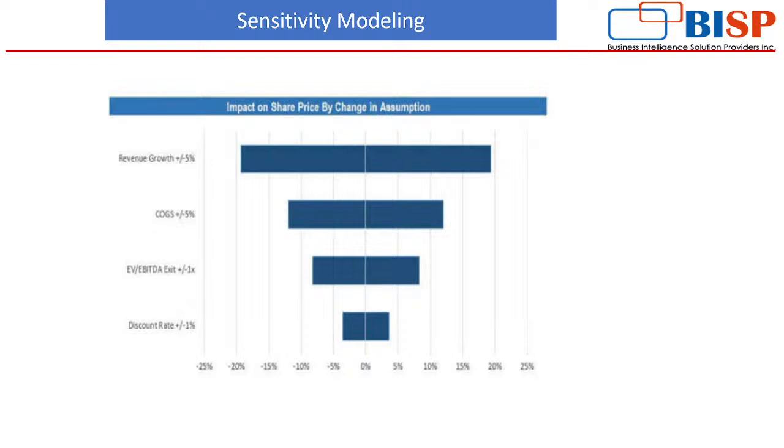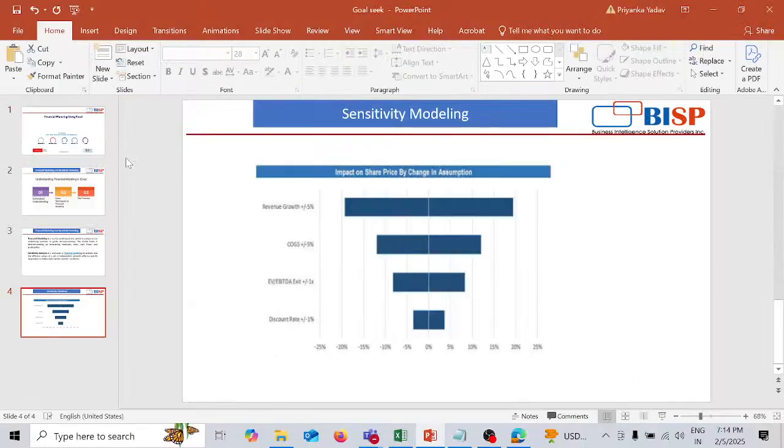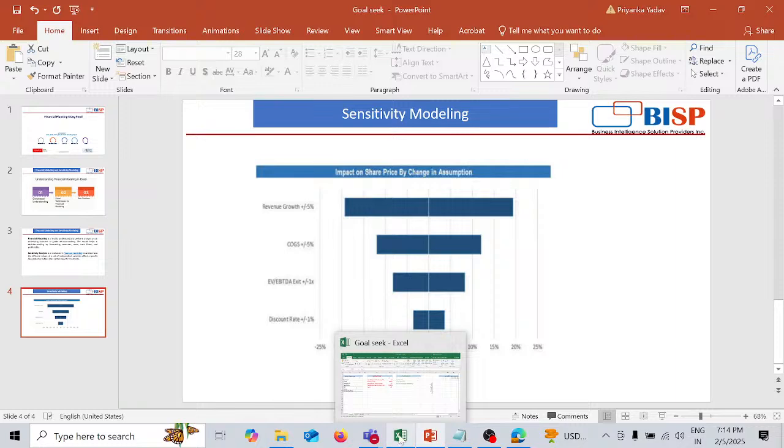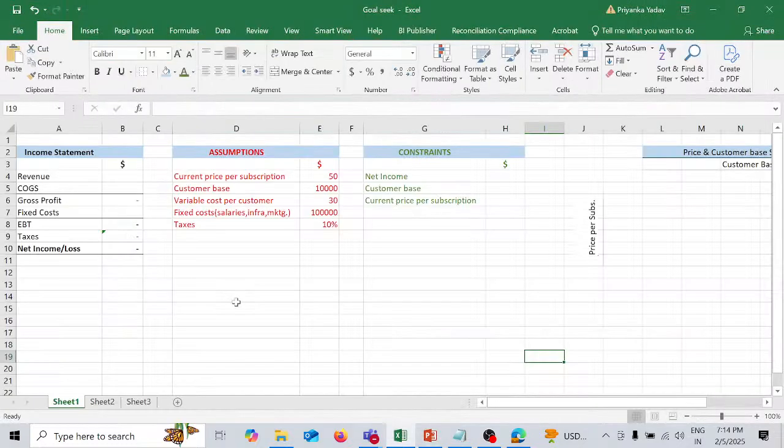Okay, so let's start the financial and sensitivity modeling. Here you will see I have already created a small income statement. To make the case simple, we are taking very few heads in the income statement.